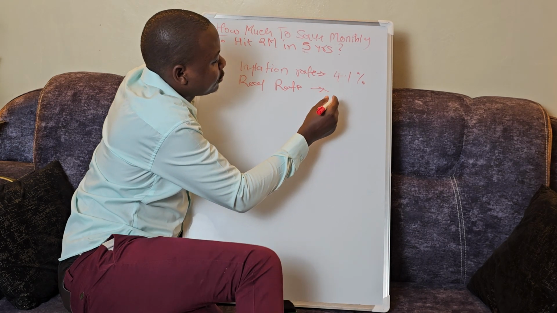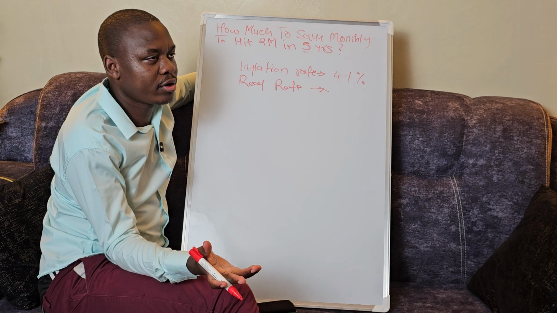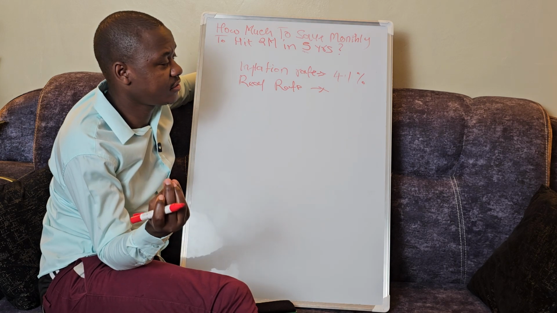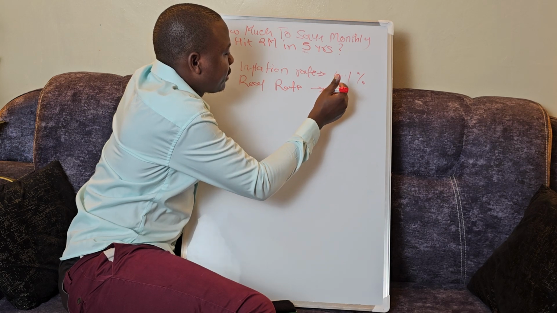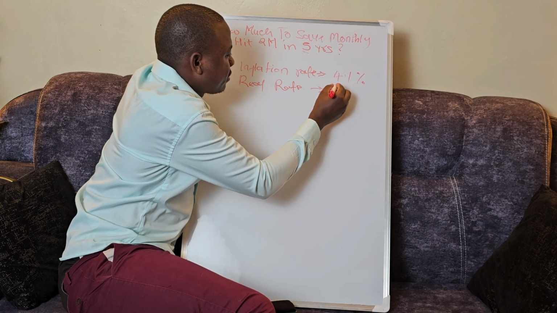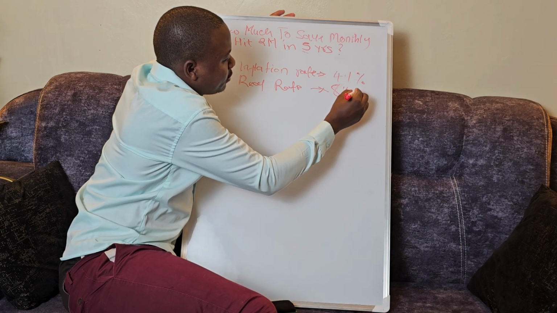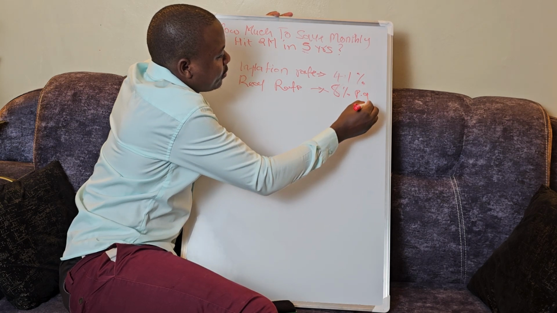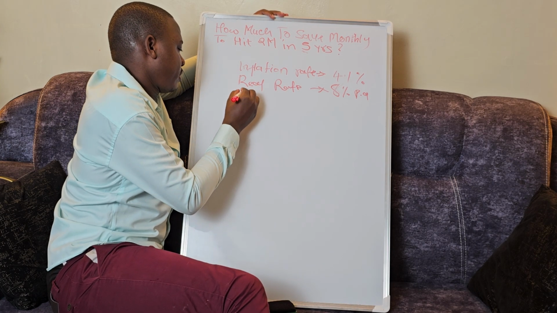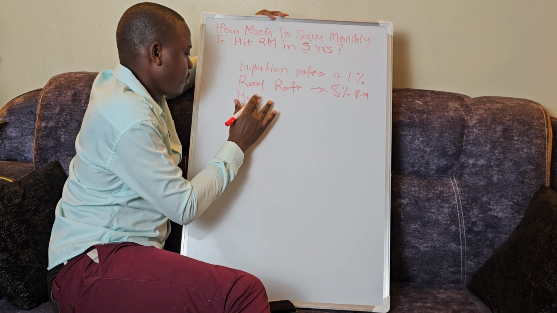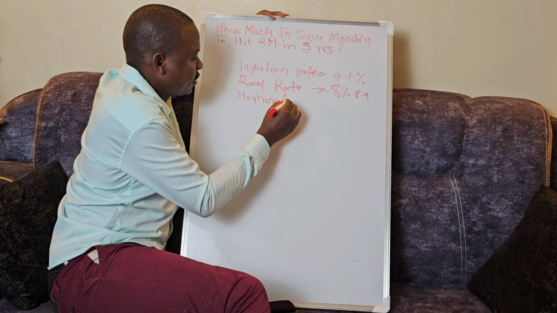Being that I've mentioned you might be offered a nominal interest rate of 12, let me just assume that the real rate is 8%, of course per annum, per year. So then we arrive at the nominal interest rate.